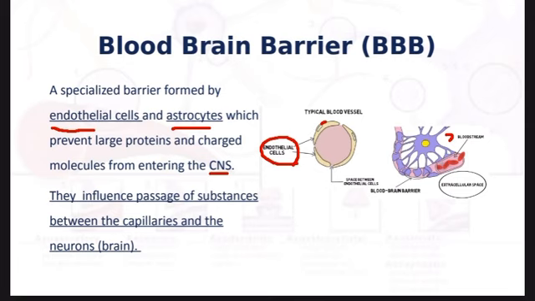For example, in a blood vessel we have the endothelial cells which usually have a gap here and here. Also from the side of the neurons, they are protective of the neurons, the astrocytes, all these cells.